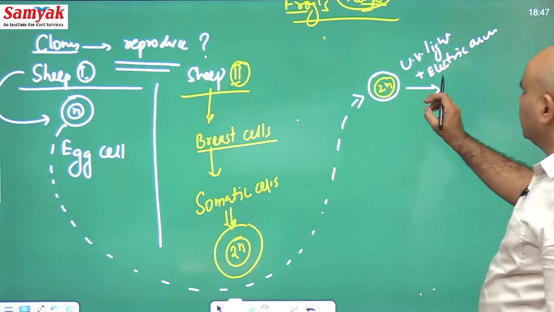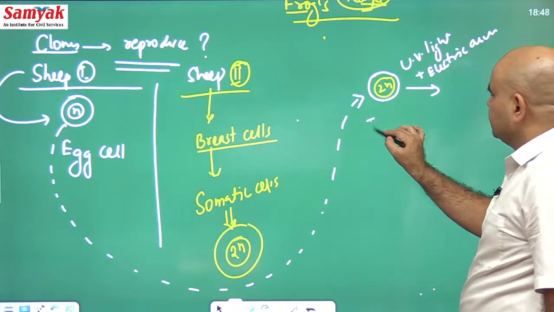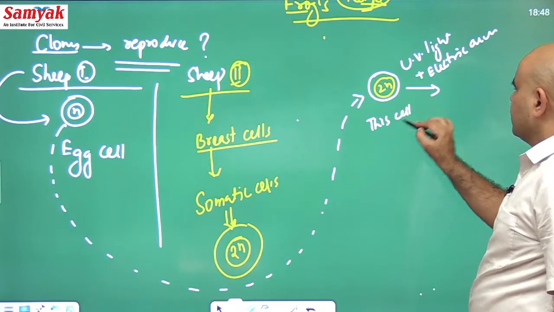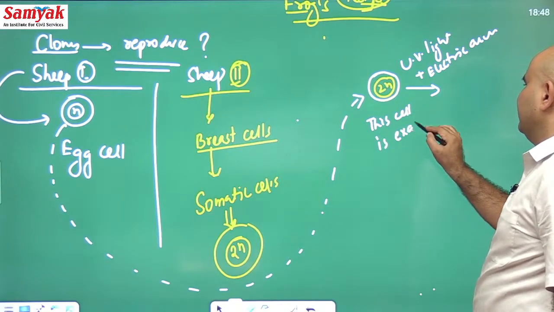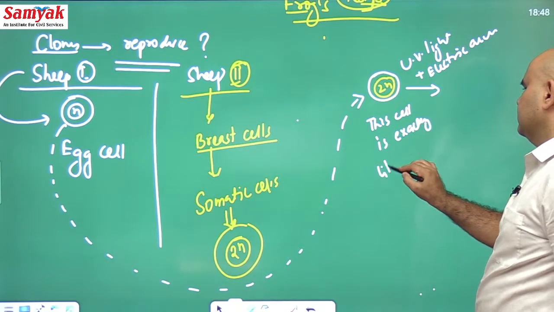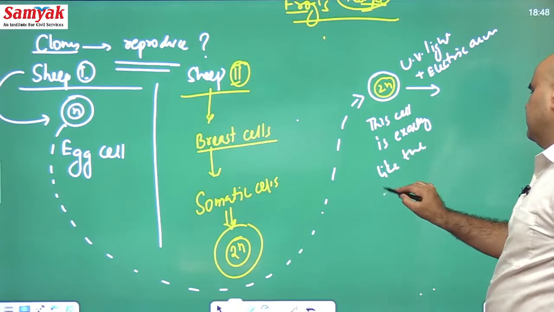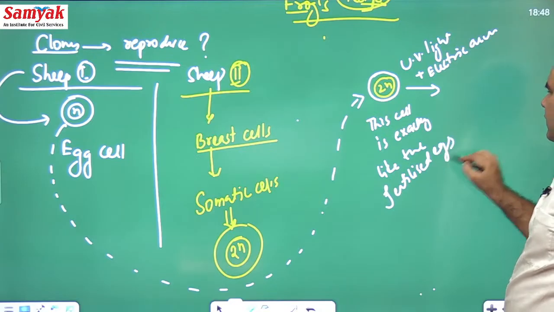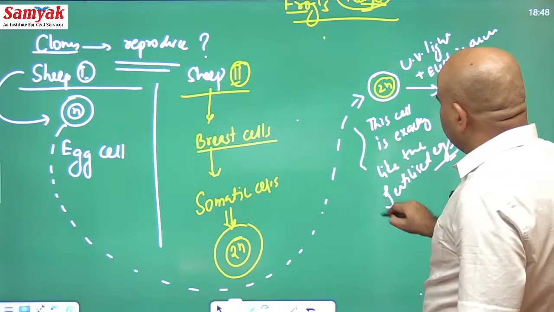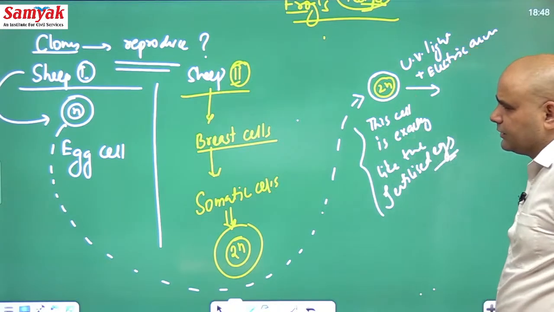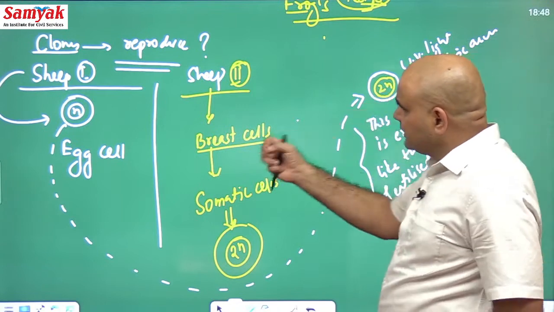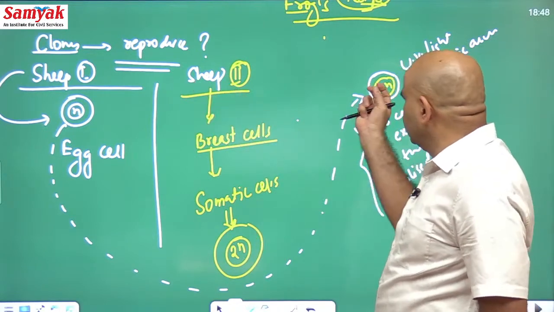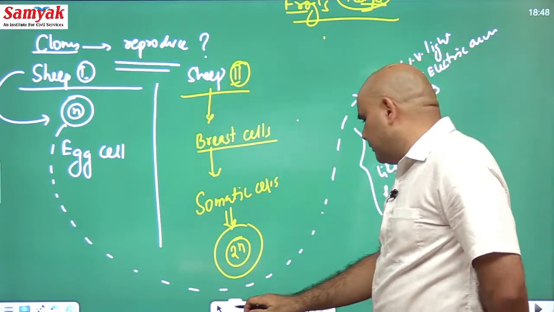So as a result, this cell is exactly like the fertilized egg. The only exclusive characteristic is that this time all the chromosomes are coming from sheep number 2.